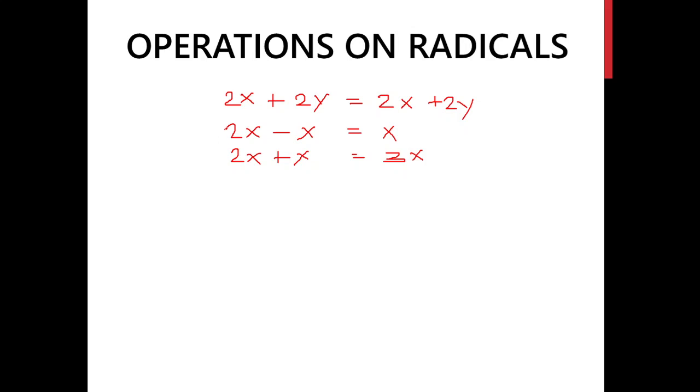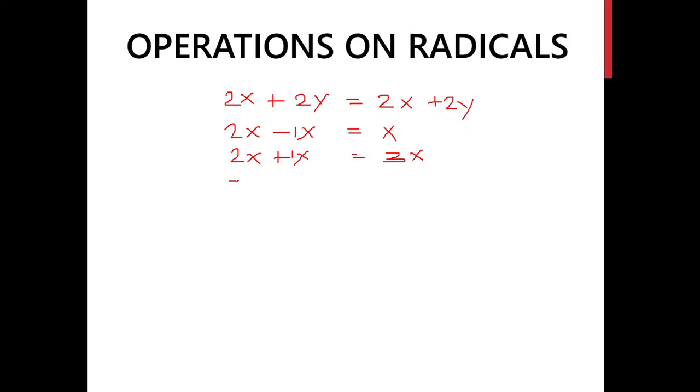For example, you have 2 minus, we all know that x has an imaginary numerical coefficient of 1, so that's 2 minus 1, and 1 here becomes an imaginary number. In this case, you have 2 plus 1, so you have 3x.